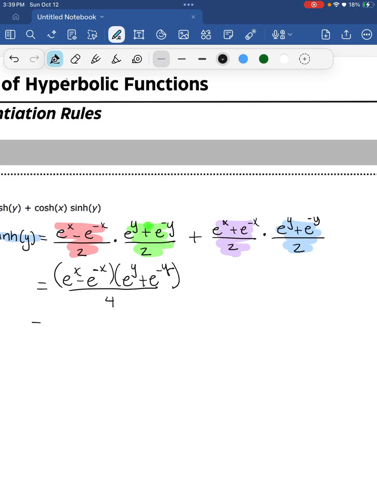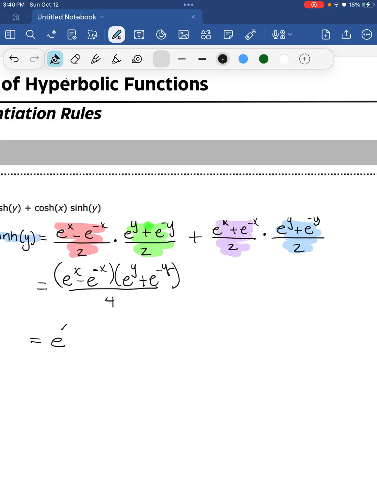And then we're going to do the same thing here. So we still multiply these together, and we take e to the x plus e to the negative x times e to the y plus e to the negative y, which will actually be the same exact thing. So we'll just rewrite that.